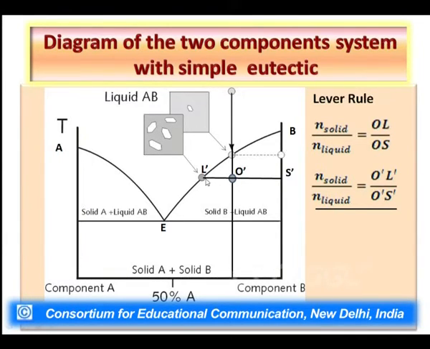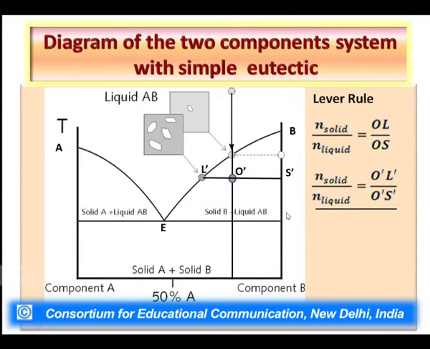The point L dash lies more close to the composition axis corresponding to pure component A. On the other hand, the overall state point lies somewhere in between, and the point of the solid phase lies on the component B axis, that is S dash now.